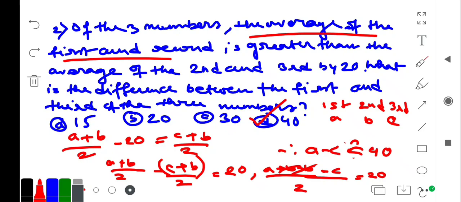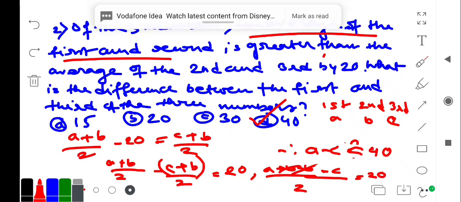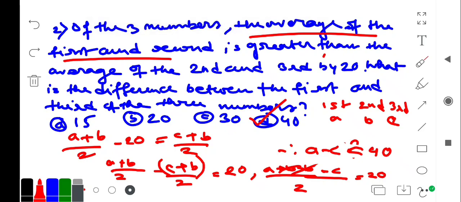So if we subtract 20 from A plus B by 2, we get C plus B by 2. So A plus B by 2 minus 20 equal to C plus B by 2, and A plus B by 2 minus C plus B by 2 equal to 20. So A minus C equal to 40.